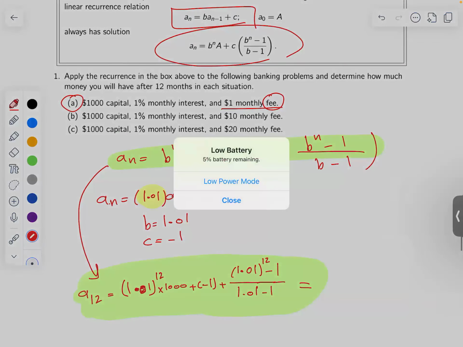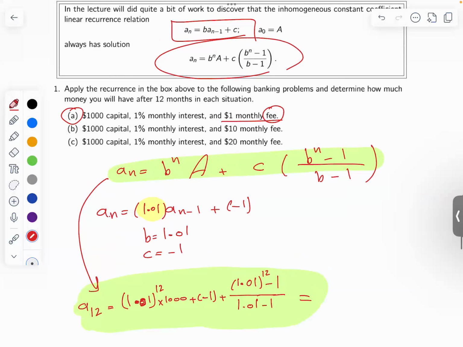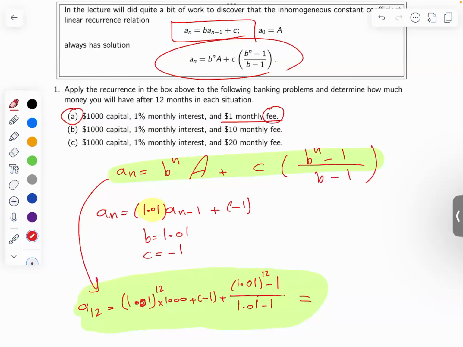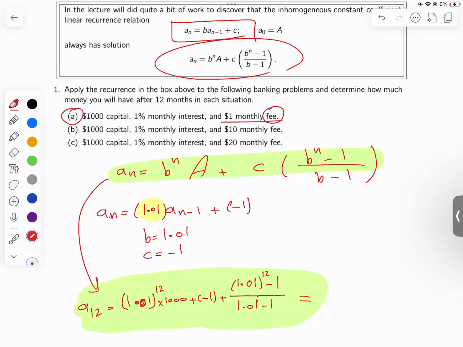Okay, is there any question about this? So the first part says 1% adding, so it is positive 1.01, but this will be a $1 fee, so it will be negative 1.